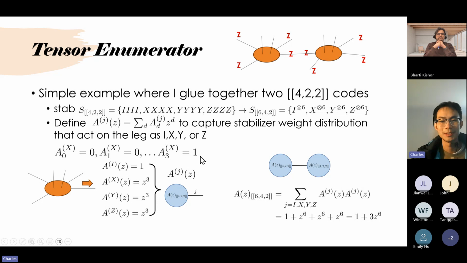So if we repeat this exercise, we're going to find that the vector enumerator looks like the following form, where the first one is equal to 1 and the other one is equal to 3. And we do the same thing for the right blob. And then we glue them together by just doing this trace, summing over repeated indices, and you can see that this precisely reproduces what we expect from our example above.